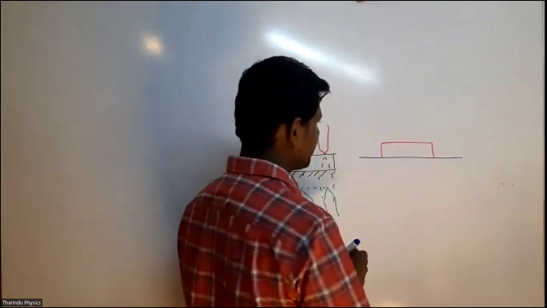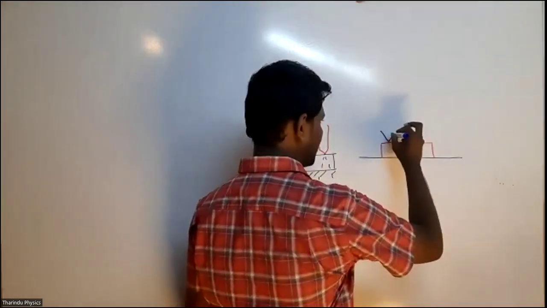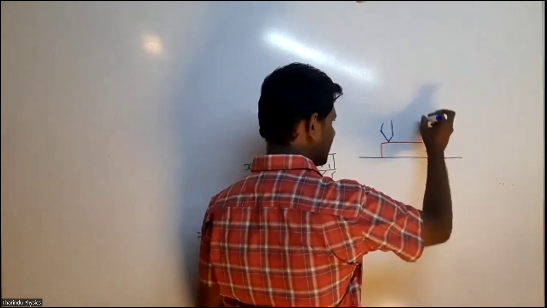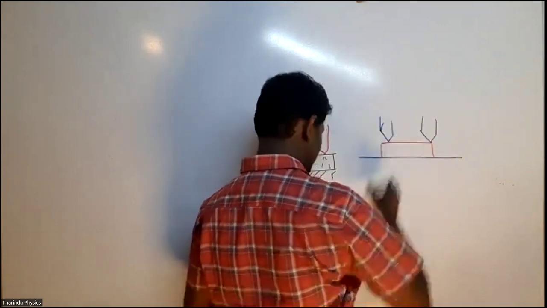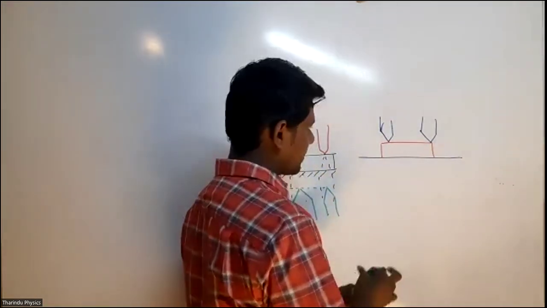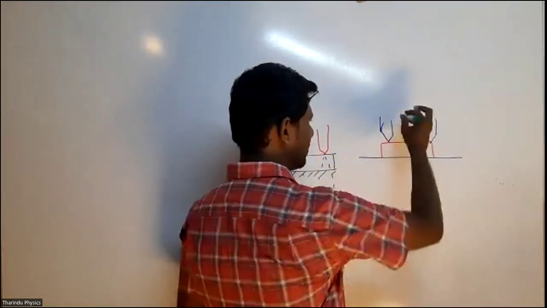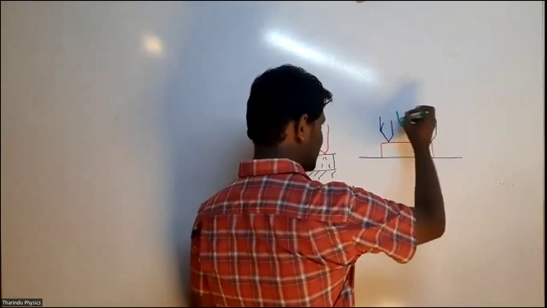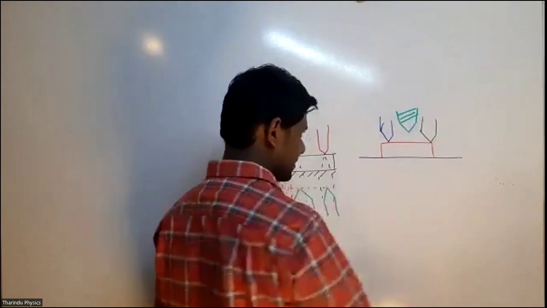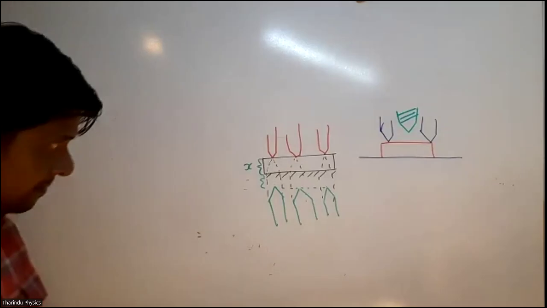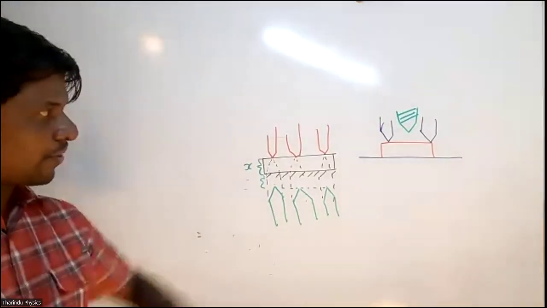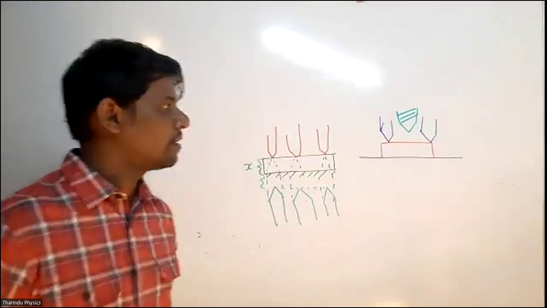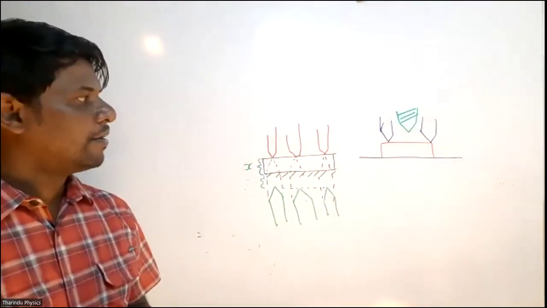And you are going to keep the spherometer. I'm only going to draw two legs. The middle screw is in between the two legs now. It has been raised. It's just above the surface. Now draw it.